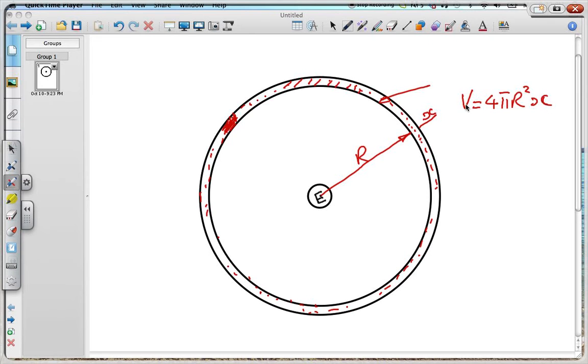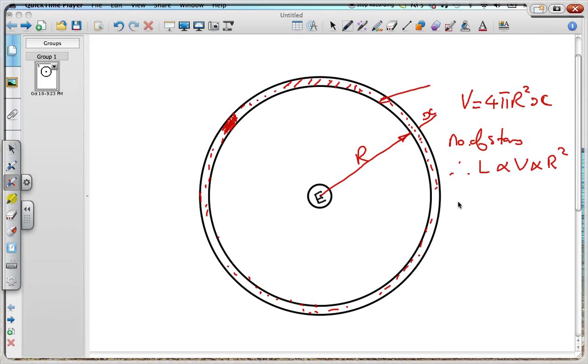And that volume would give us an indication of the number of stars. So the number of stars, and therefore the luminosity, would be proportional to the volume, because the greater the volume, obviously the greater number of stars, and that is proportional to r squared.